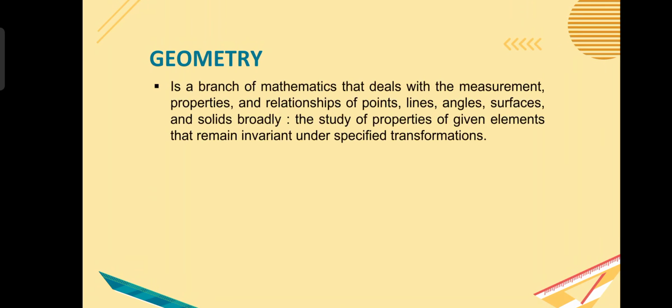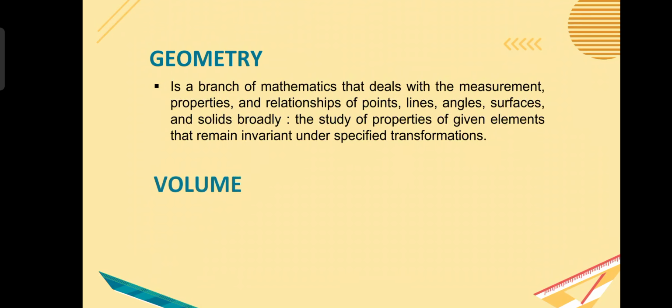Geometry. When we say geometry, it is a branch of mathematics that deals with the measurement, properties, and relationships of points, lines, angles, surfaces, and solids. So it is the study of properties of given elements that remain invariant under specified transformations.